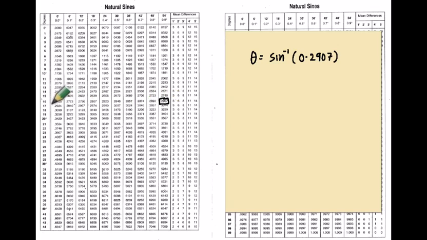So what I will look at is this corresponding row here. I will look at this particular angle and then this particular minute. So what is the answer that I get? Theta is equal to 16 degree and 54 minutes. That's the angle whose sine is 0.2907.